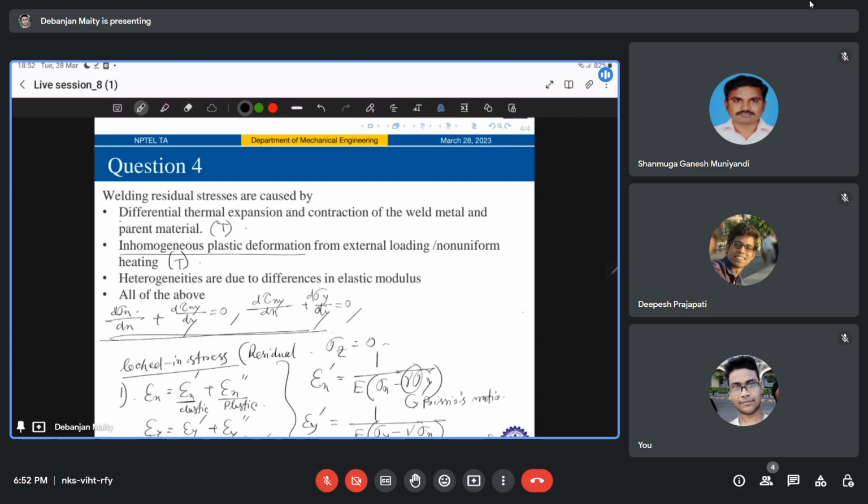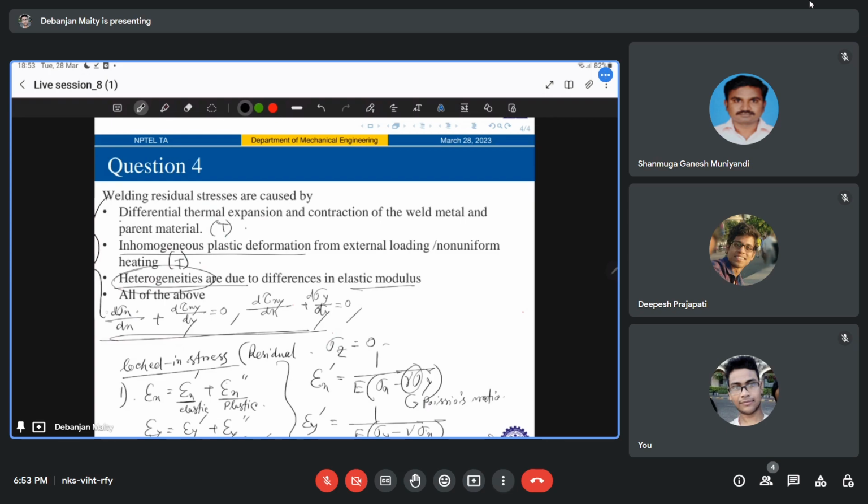This is also true. And there can be some difference in your elastic modulus property, or some heterogeneity in your material. Because of that, there can also be some distortion or deformation associated with this change in elastic modulus, right?